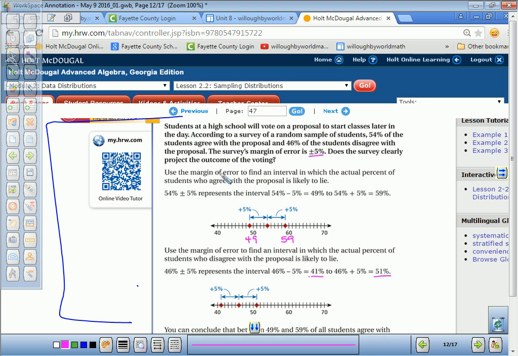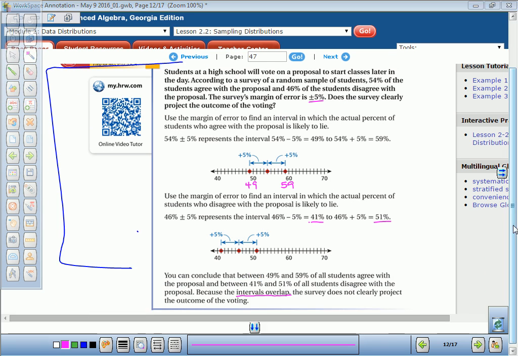So does the survey clearly project the outcome for voting? Well, if we look at that graphically, if we start off with the 54% and go plus or minus 5, that takes us from 49 to 59. And so those are the ones voting for. Against, we would start at the 46 and this would go from 41 to 51.